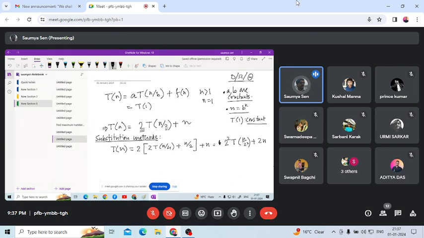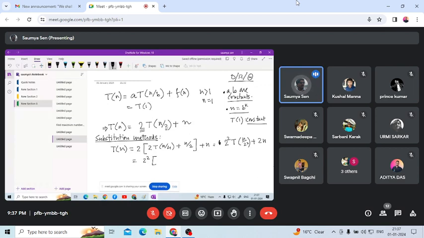Now if we again substitute this T of n by 4, what do you get? You get 2 square into T of n by 2 square.